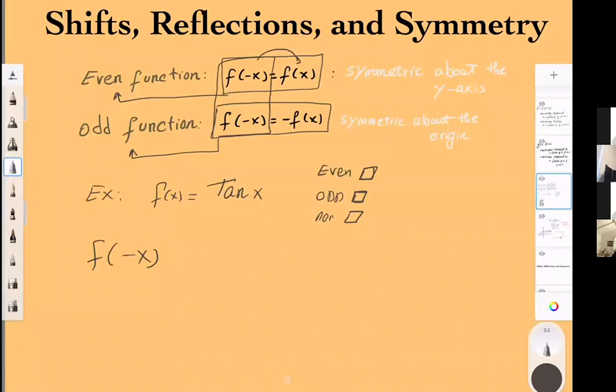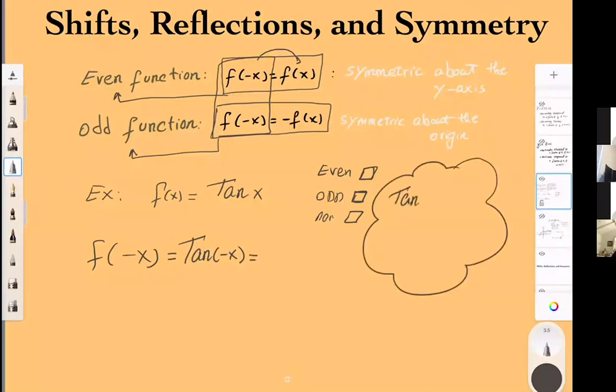So I'm going to calculate f of negative x. This will be tangent of negative x. In your note sheet, one of the identities: tangent of theta equals sine theta over cosine theta. So instead of tangent, I'm going to put sine of negative x over cosine of negative x.